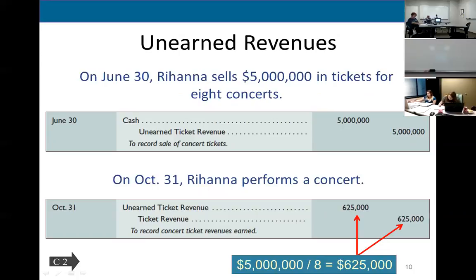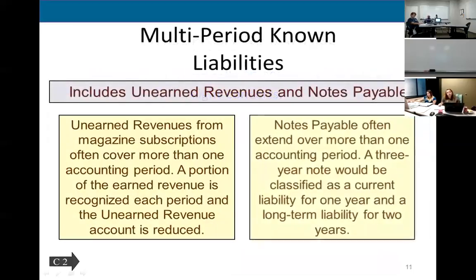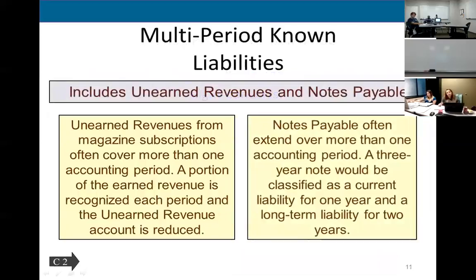Unearned revenues can arise also if you purchase airline tickets, magazine subscriptions, hotel reservations, gift cards. Now, here's one from a multi-period.